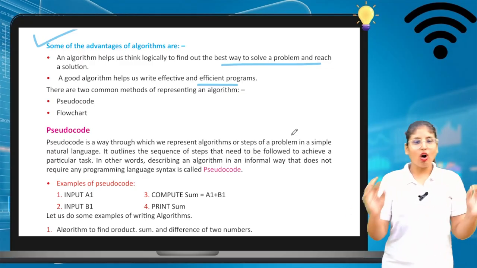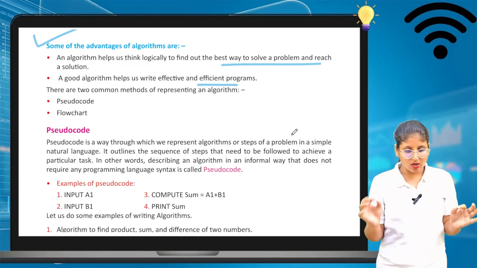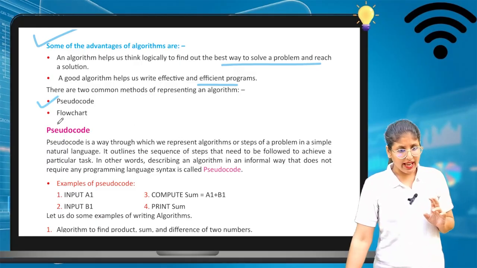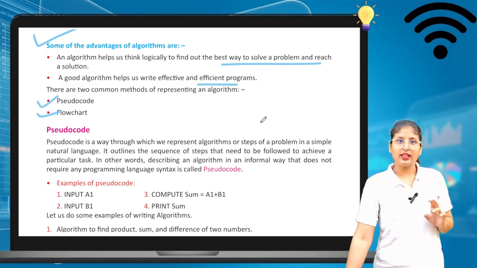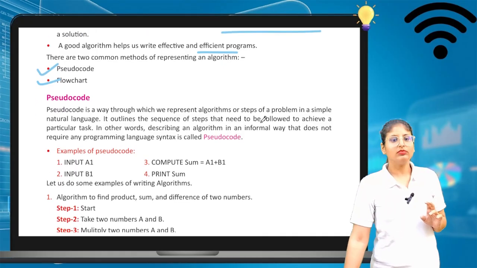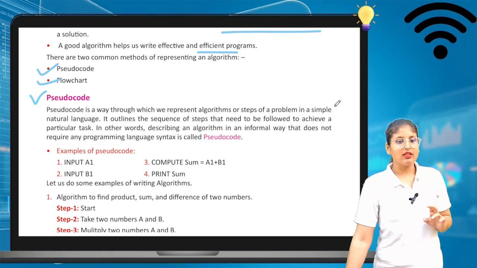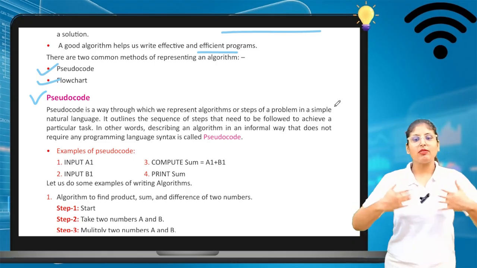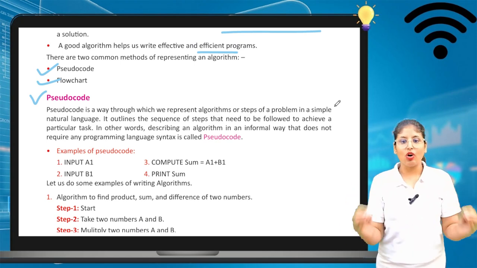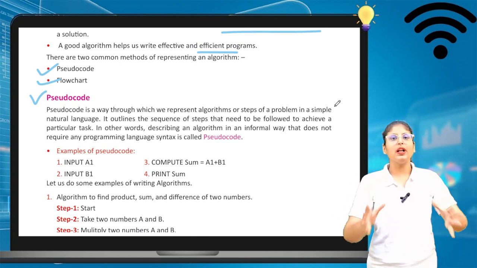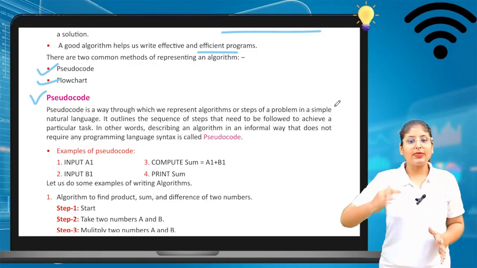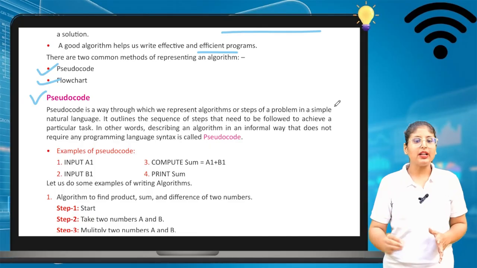There are two common methods of presenting algorithms. The first method is pseudocode and the second is flowchart. Starting with pseudocode. Pseudocode is a way through which we can represent algorithms or steps of a problem in a simple natural language. It outlines the sequence of steps that need to be followed to achieve a particular task.